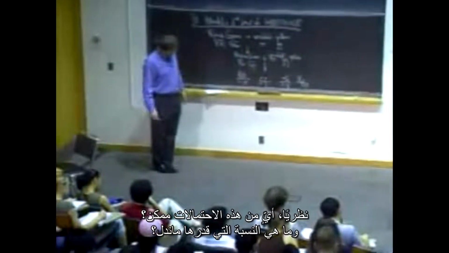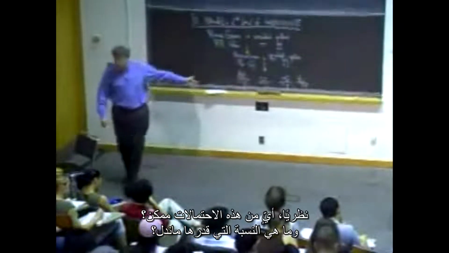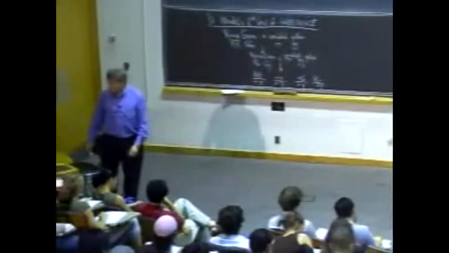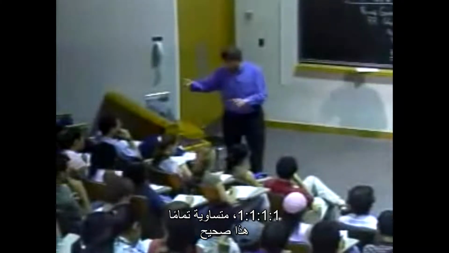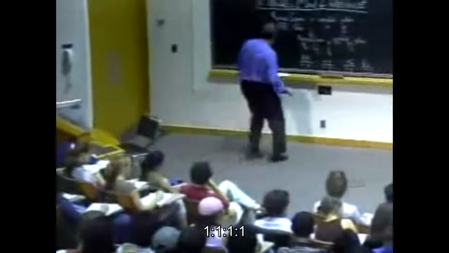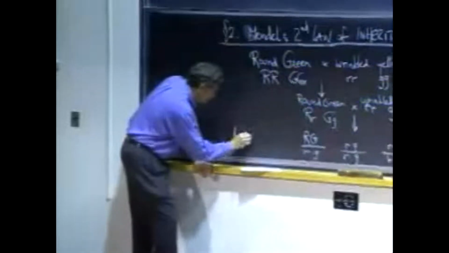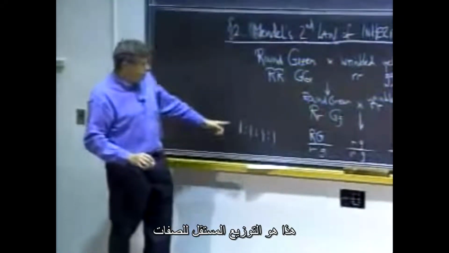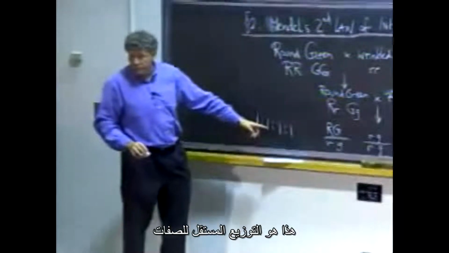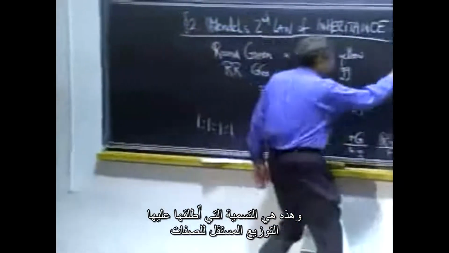And what's the ratio that Mendel reports? 1 to 1 to 1 to 1. So equal. That's right. That's the independent assortment of traits. That's what he calls this.